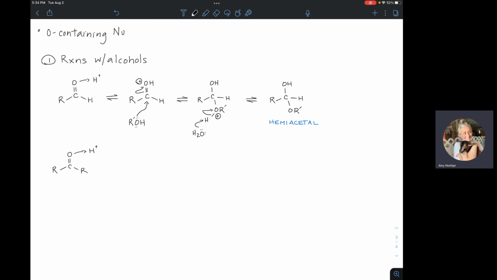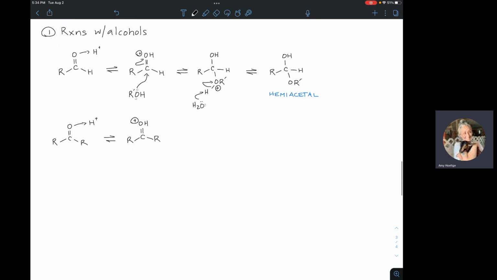I'm going to protonate the oxygen of the carbonyl. This makes this carbon more susceptible to being attacked by a nucleophile, because alcohols are not the best nucleophiles. They're kind of weak, right?